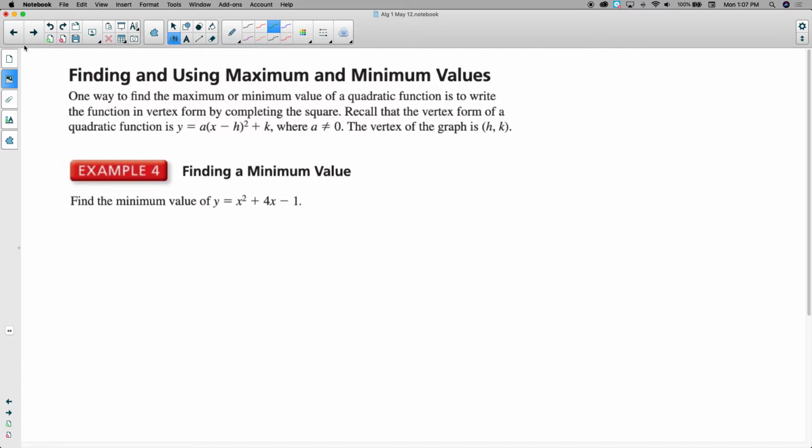Okay, so I'll read to you this paragraph, and then I'll tie this into what we did in part 1. That is completing the square. One way to find the maximum or minimum value of a quadratic function is to write the function in vertex form. Just reviewed that. By completing a square.